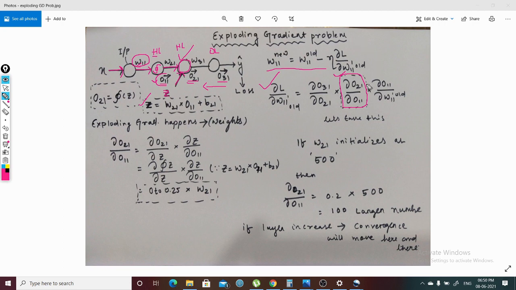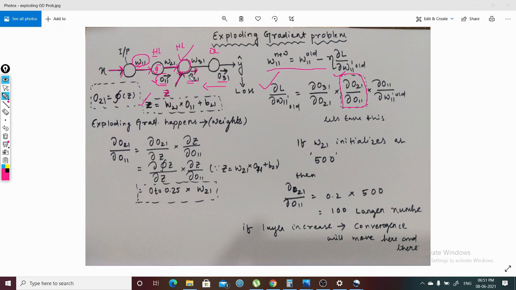If you take O21, what is O21? O21 is nothing but the output coming from this particular hidden layer. Inside the hidden layer we have the sigmoid activation function, so whatever output comes from this hidden layer comes from the sigmoid function.